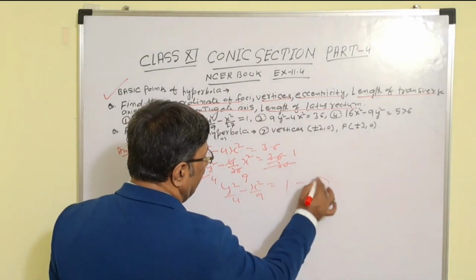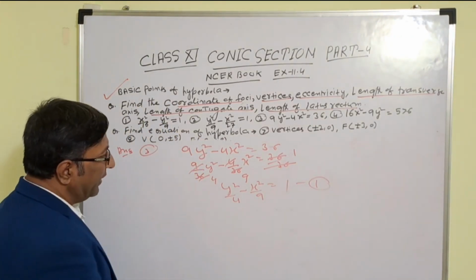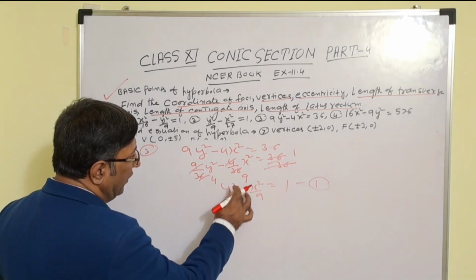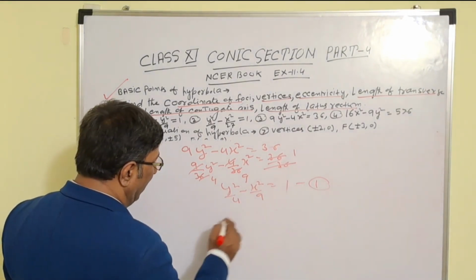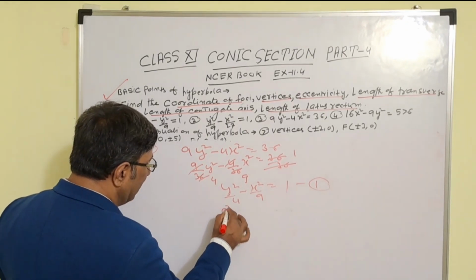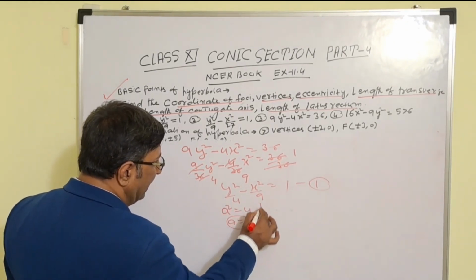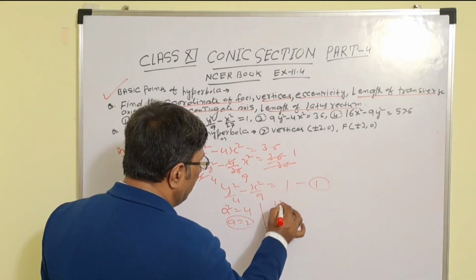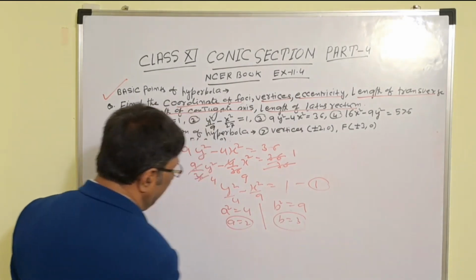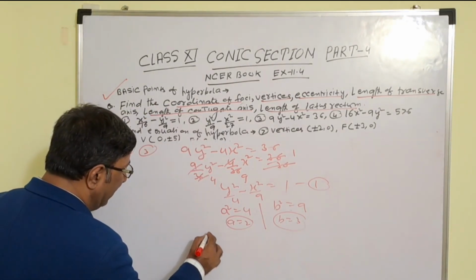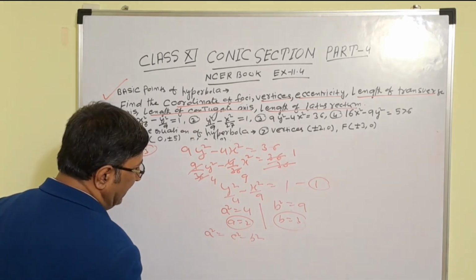Now this is the standard equation of hyperbola. Comparing with y square by a square minus x square by b square equal to 1, we get a square equal to 4, so a equal to 2. In the same way, b square equal to 9, so b equal to 3.